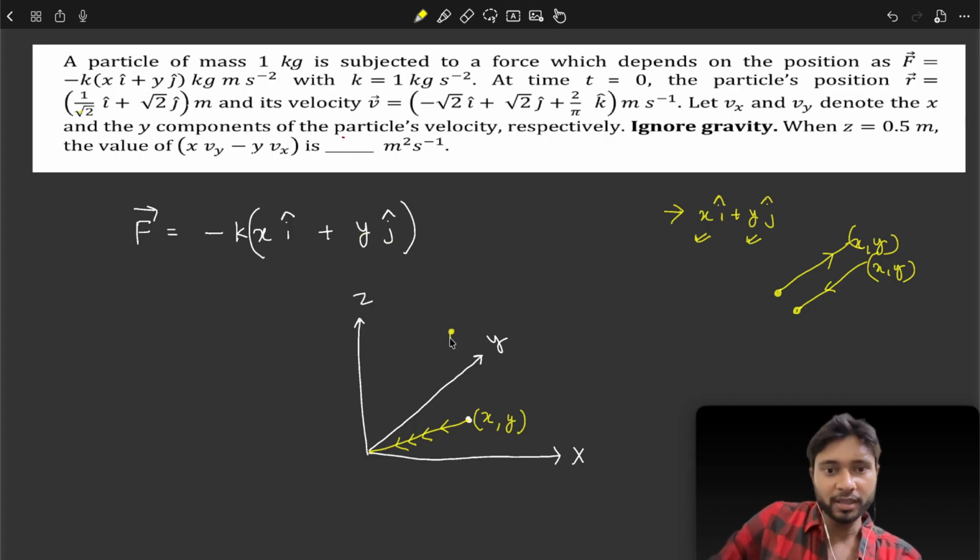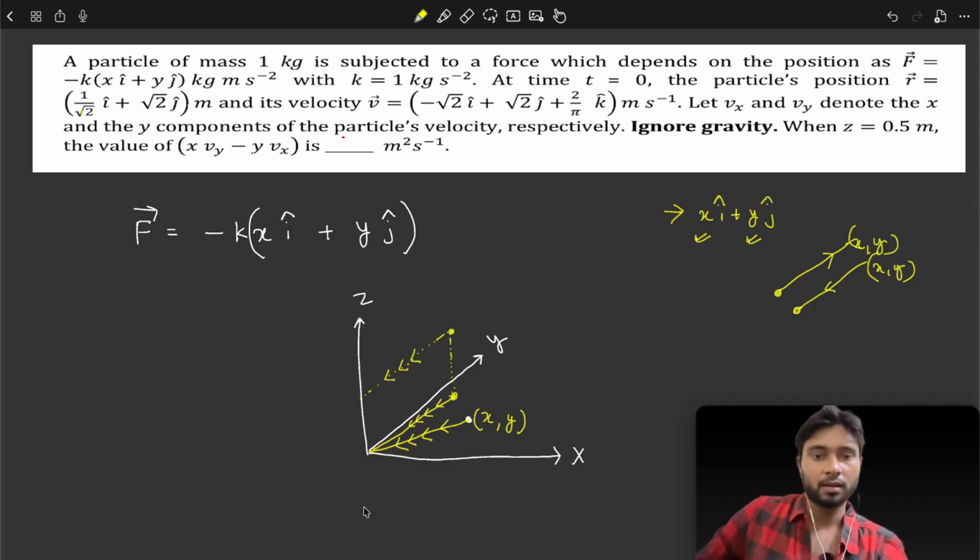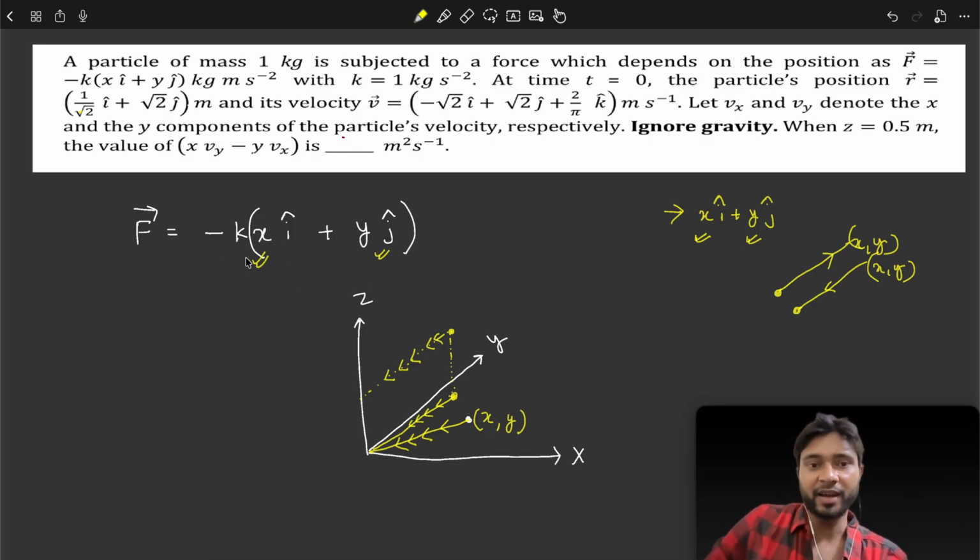So if I take the projection of this in the xy plane, suppose this is my projection, again the direction of force will be this line, and if I take this parallelly, the direction of force should be this, because at every point of time the direction of force is only dependent on the x and y coordinates, and that too in the negative direction from the origin.